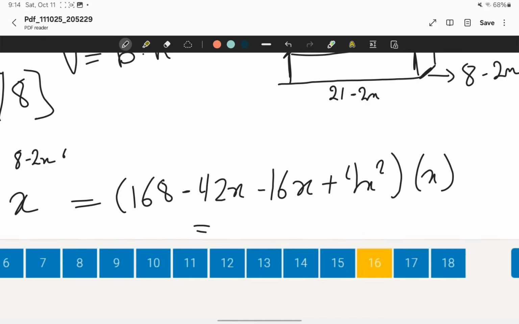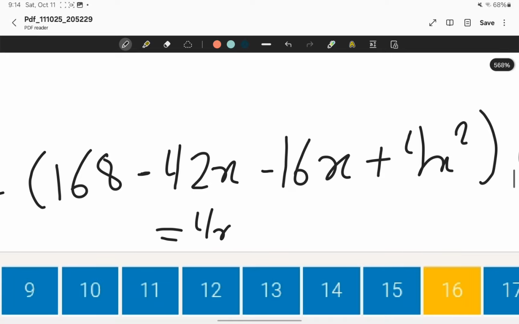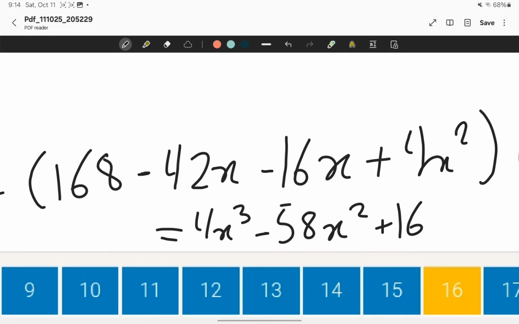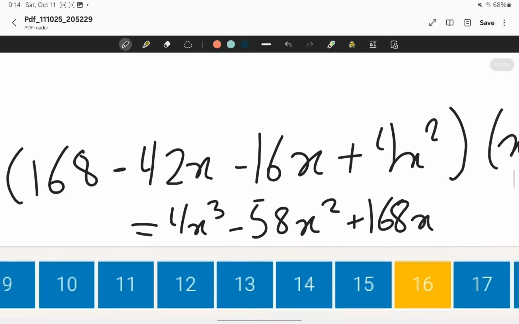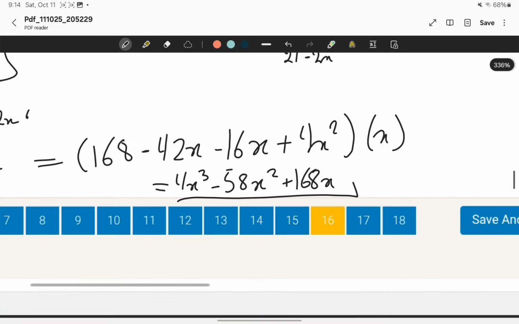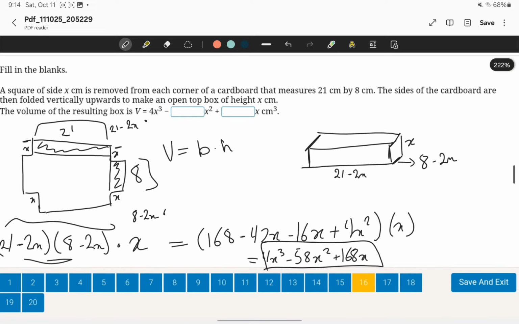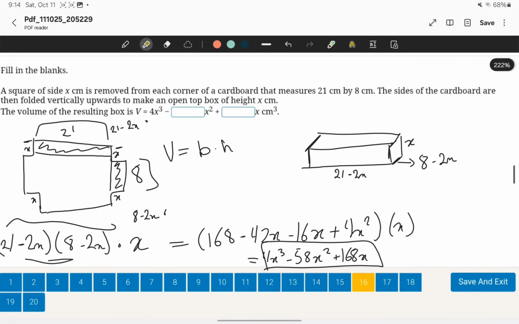So your final answer should be 4x cubed minus 58x squared plus 168x. This is our final answer. So you take the parts that they want, 58 and 168, and write those down.